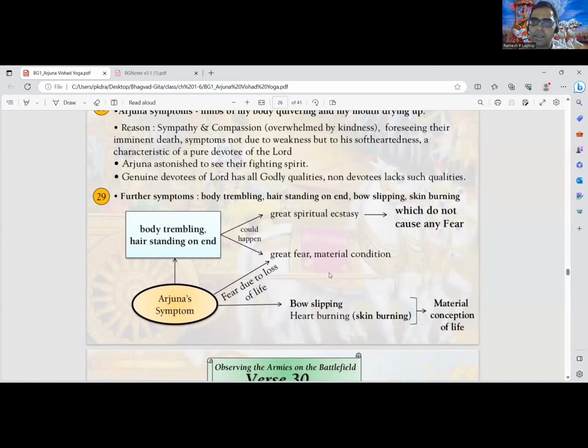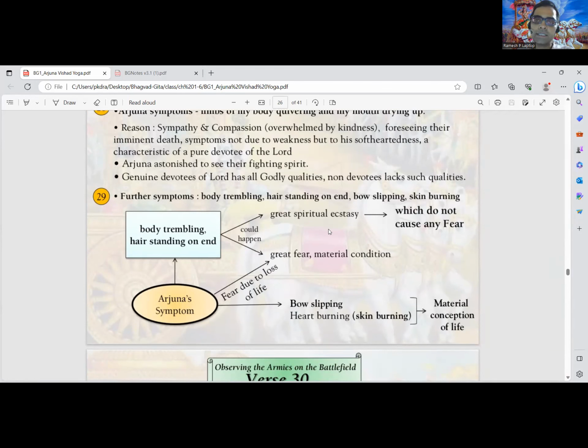So here, Arjuna, though he's a pure devotee, during that time of the war, for some time he thinks in a material form.